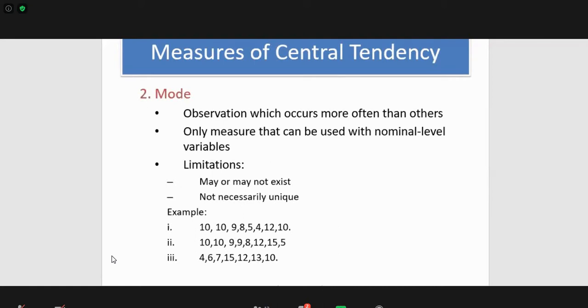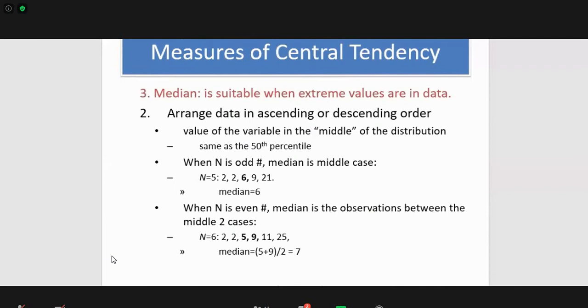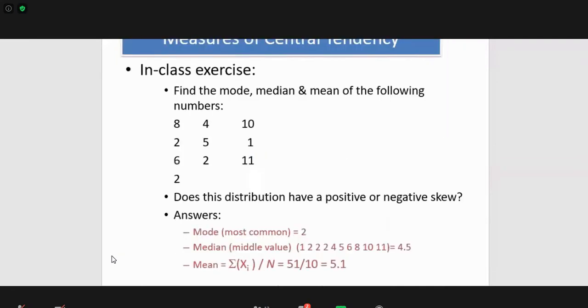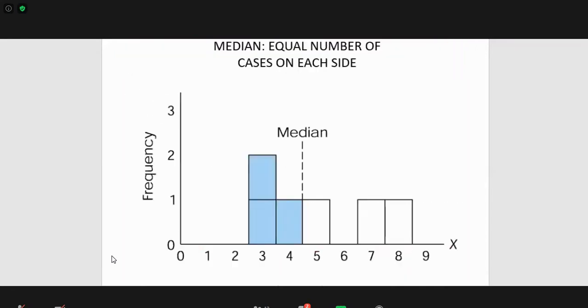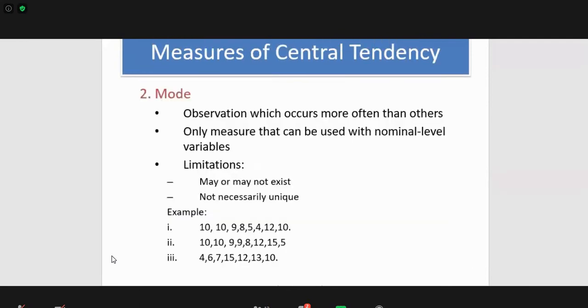See, in mode, we say that it may or may not exist. It's not necessarily unique. By not necessarily unique, we mean that you can have more than one mode, right?